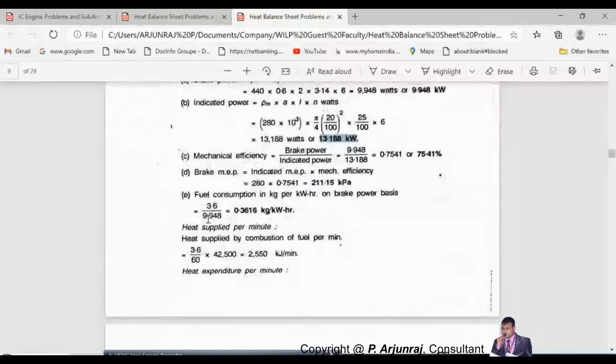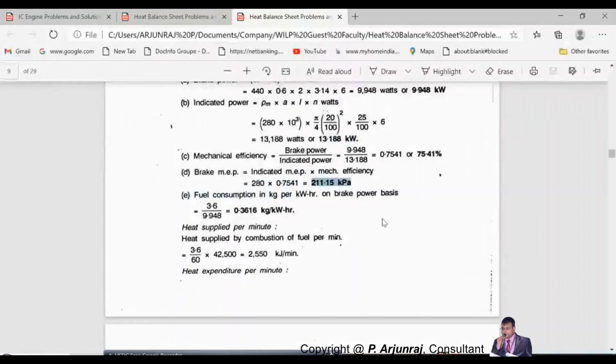So 280 into 0.7541, you get 211.15 kilopascal. The unit of indicated mean effective pressure is kilopascal, so the same kilopascal you have to put here.